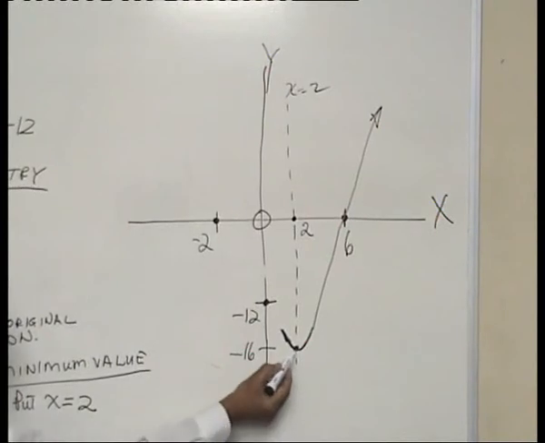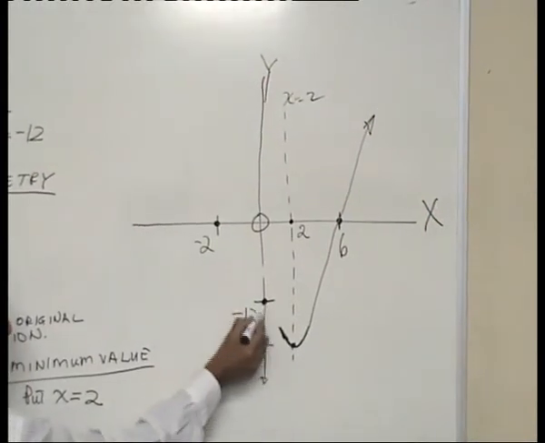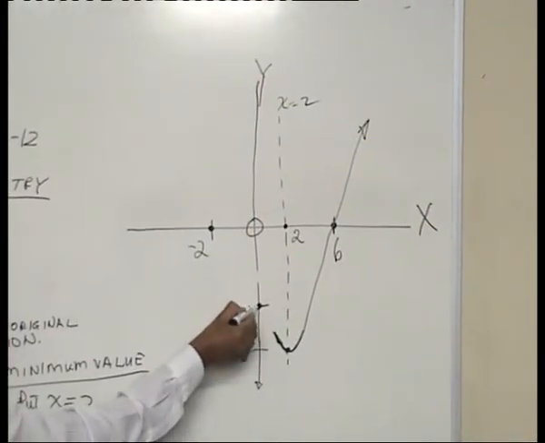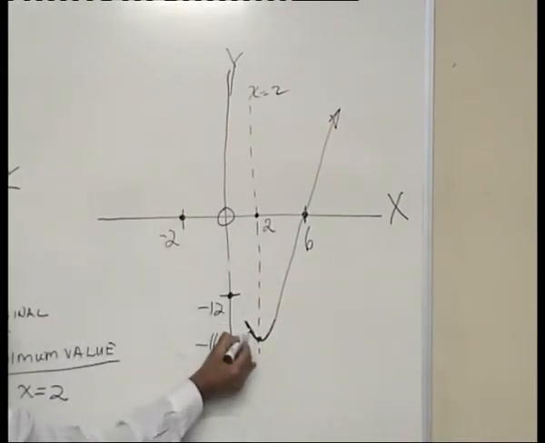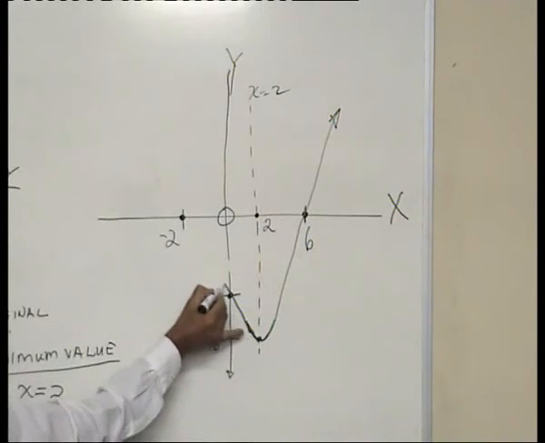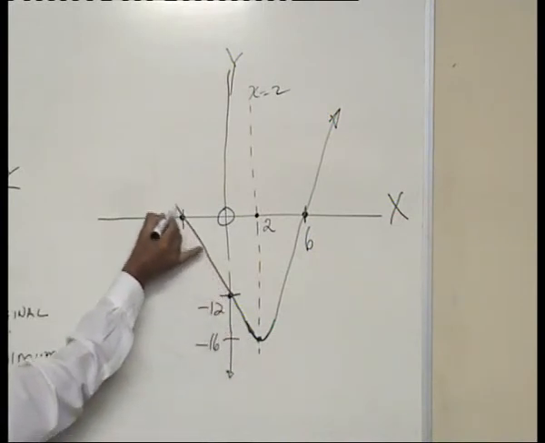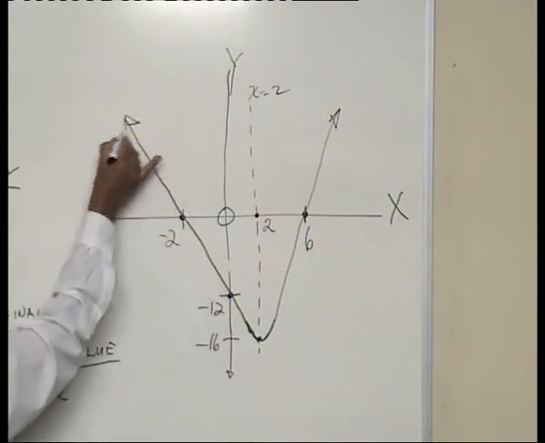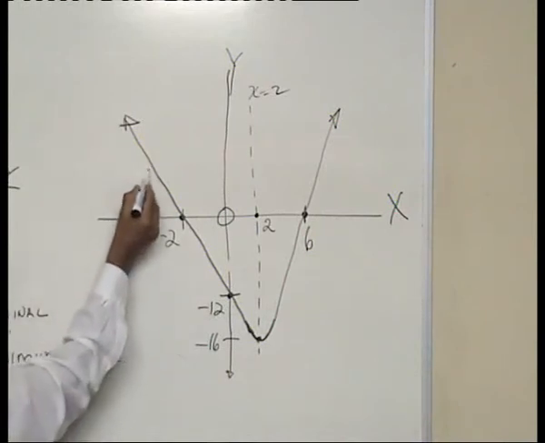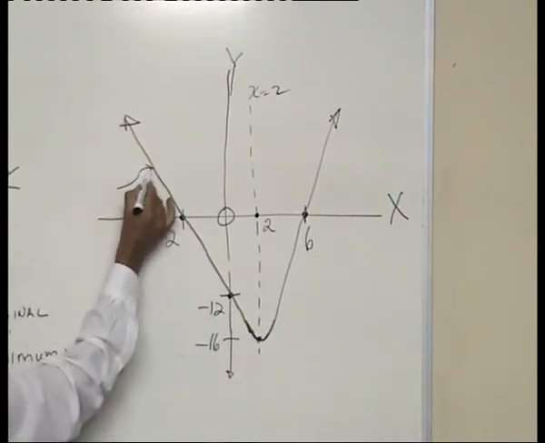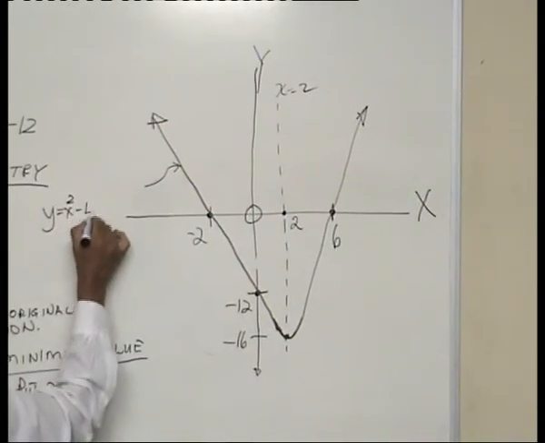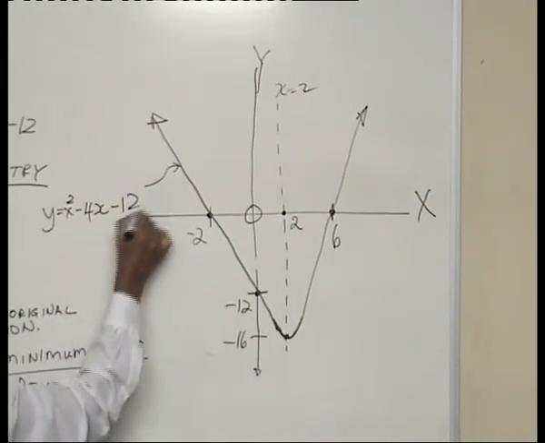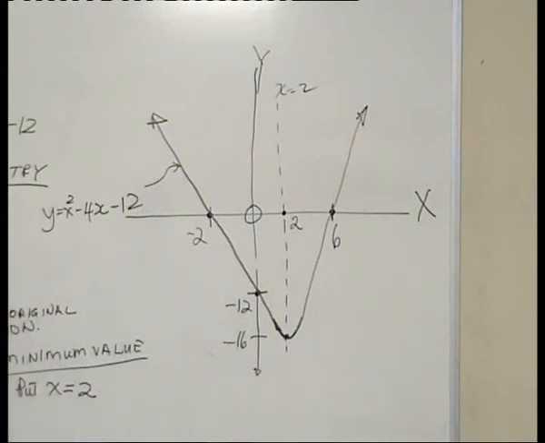From here, we'll have to go through minus 12, and then go through minus 2, and you go up there like that. And then don't forget to label your graph. Y is equal to x squared minus 4x minus 12. And your parabola is drawn.